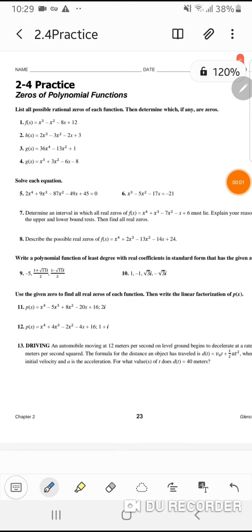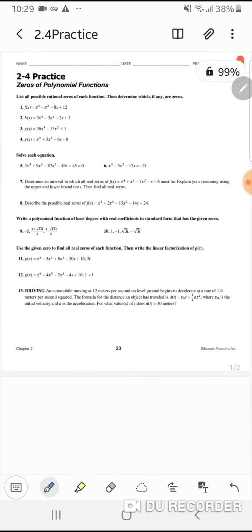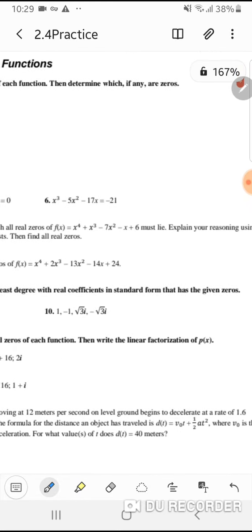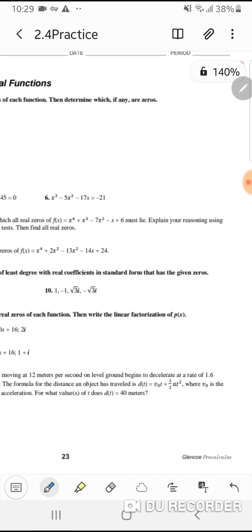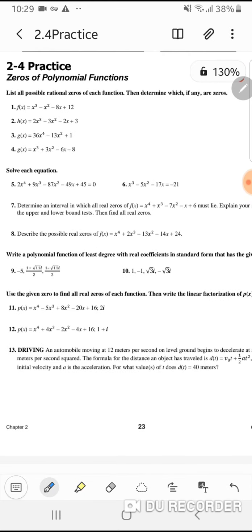Okay, so in this video I'm going to be solving number 7 and 8. It says to explain your reasoning using the upper and lower bound test.